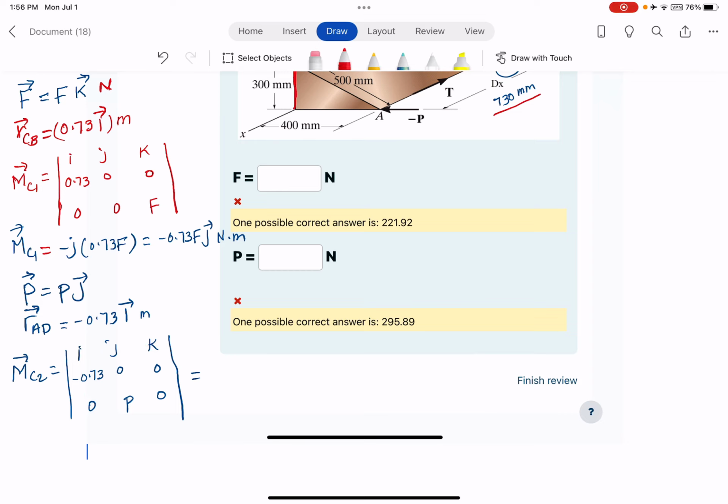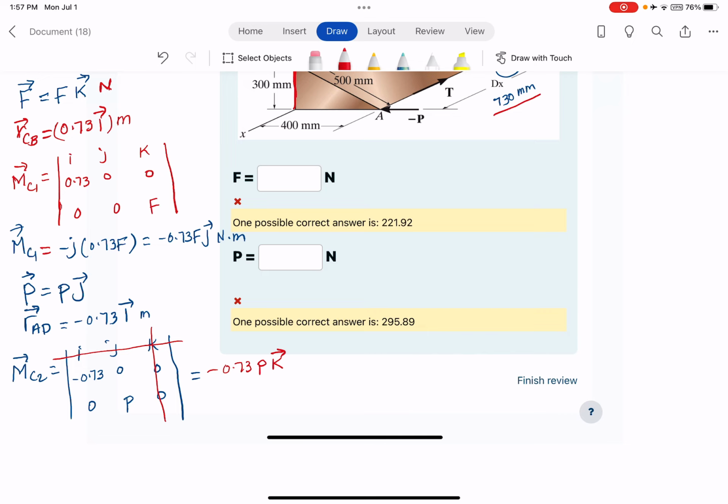Let's do the minus j, 0, 0, so there's no j. Let's do the k. Okay, so the k is minus 0.73 Pk. Okay, minus 0.73 Pk.